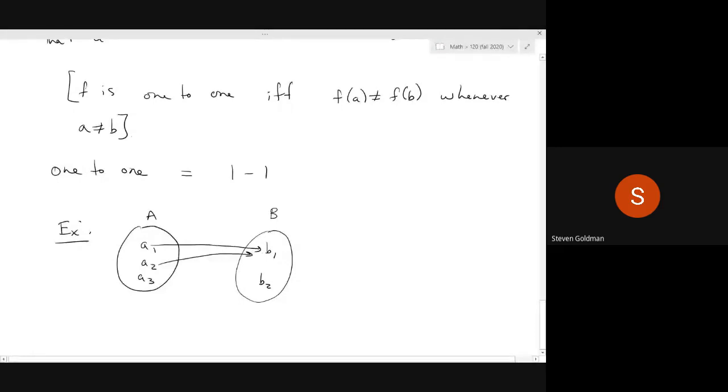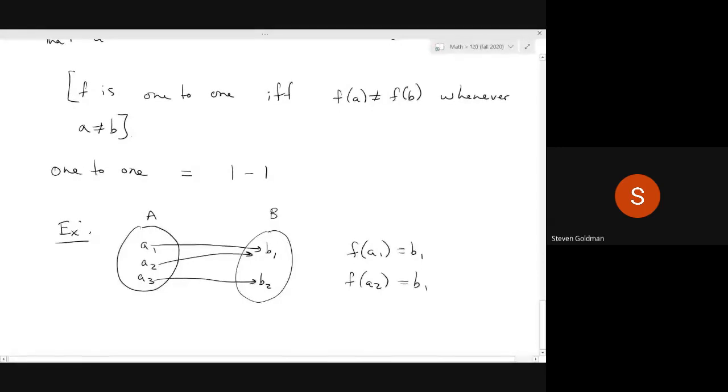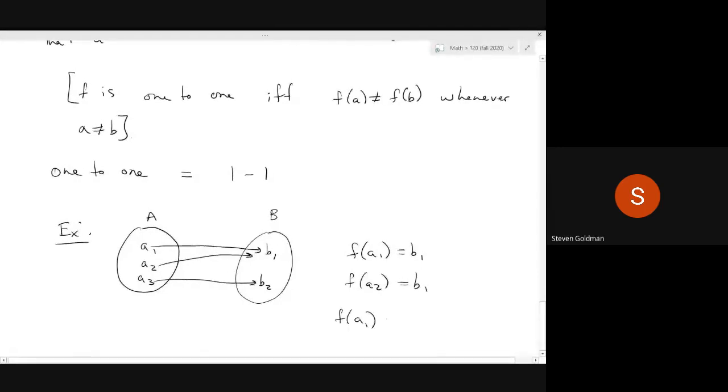If b1 is assigned to two elements in A, so let's say f(a1) = b1 and f(a2) = b1, then f(a1) = f(a2).